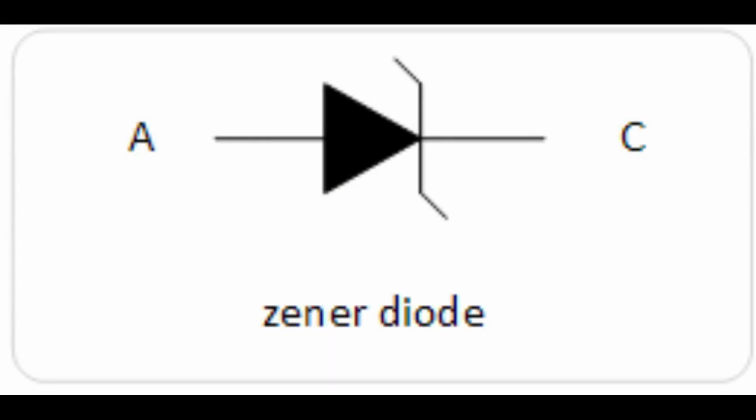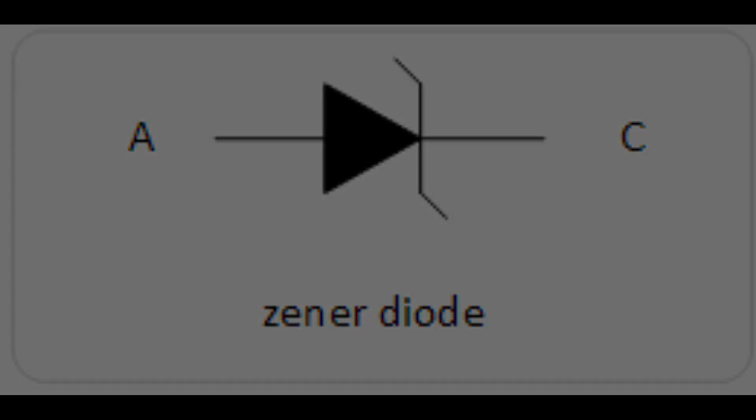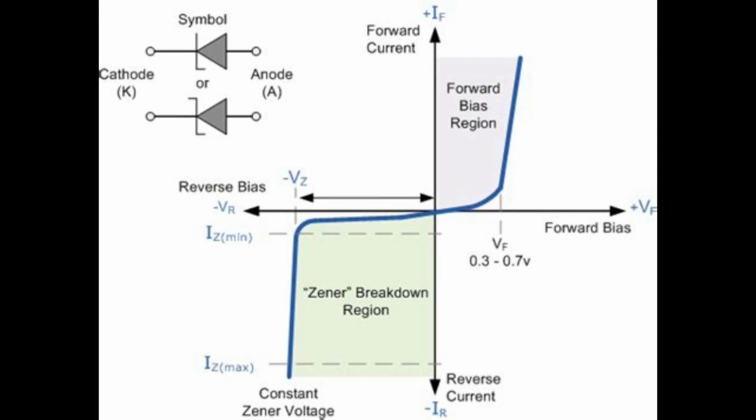The Zener diode has heavier doping concentration than a normal PN junction diode, hence it has a very thin depletion region. In forward bias, it operates as a simple PN junction diode. In reverse bias, it blocks until the reverse voltage reaches breakdown. After that, it allows current flow with a constant voltage drop.